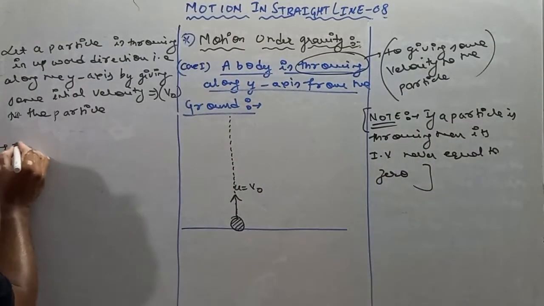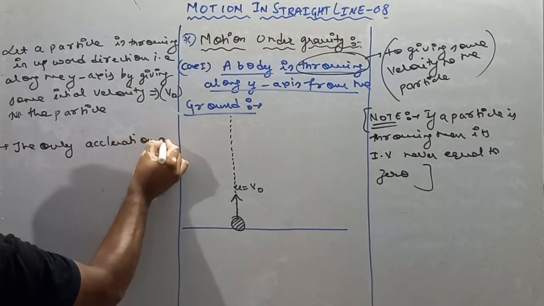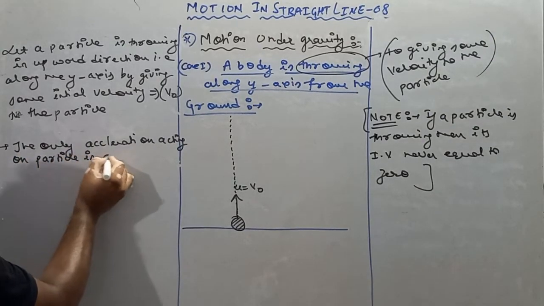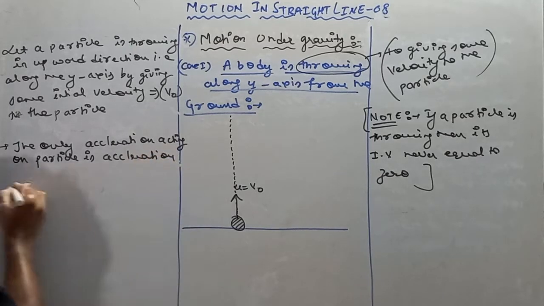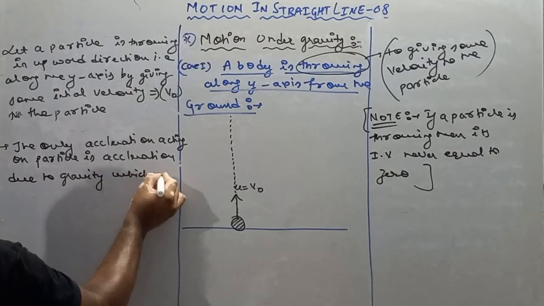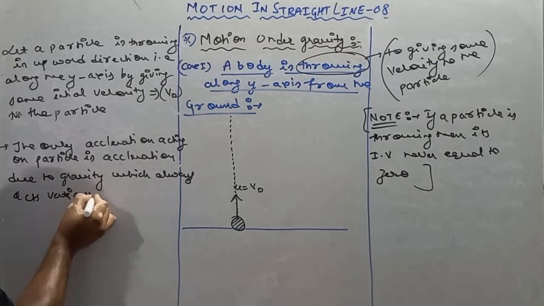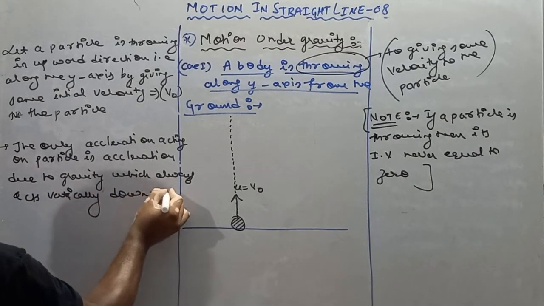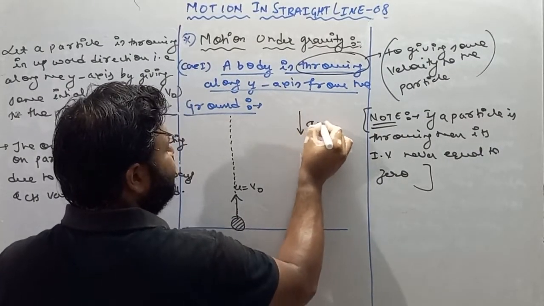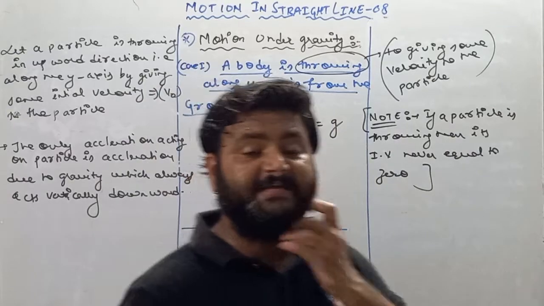So the only acceleration acting on the particle is acceleration due to gravity, which is represented by g, and its direction is always vertically downward.